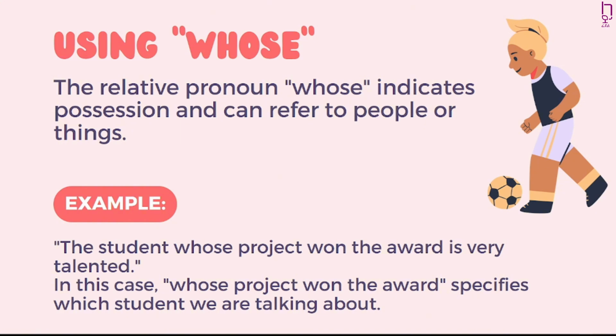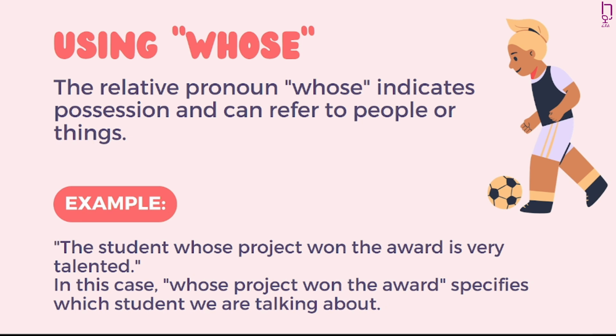And there are other clauses. For example, the relative pronoun whose indicates possession and it can refer to people and also things. For example, the student whose project won the award is very talented, right? Here, whose shows us the possession.